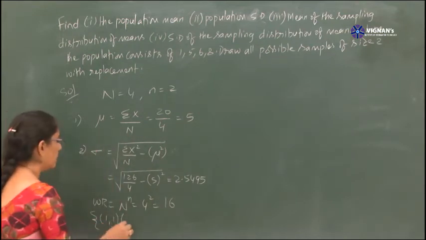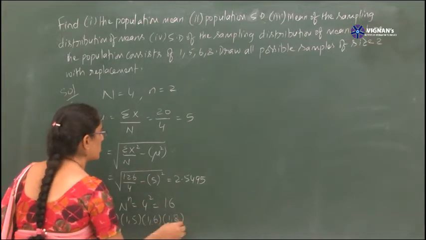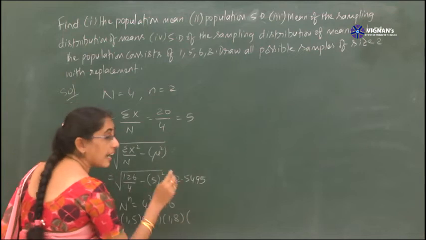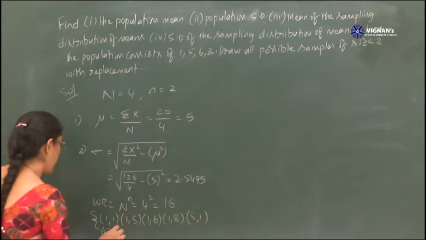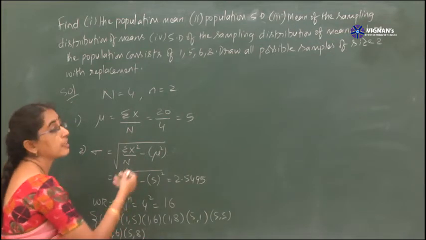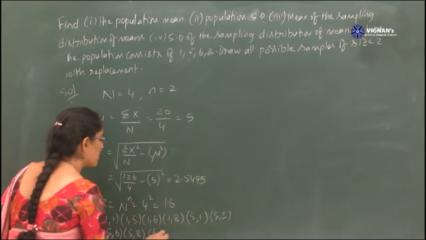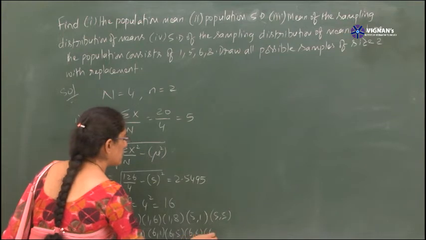So 1,1; 1,5; 1,6; 1,8. Then starting with the second element: 5,1; 5,5; 5,6; 5,8. Then the third element is 6: 6,1; 6,5; 6,6; 6,8.